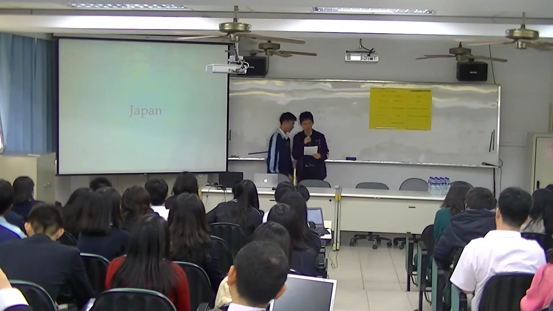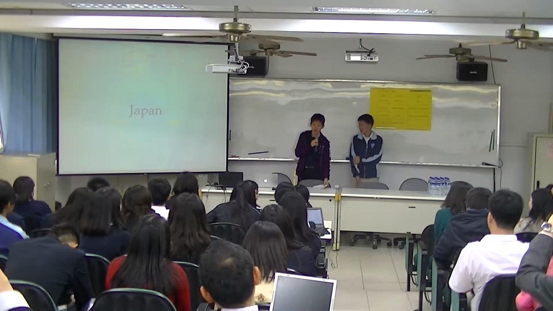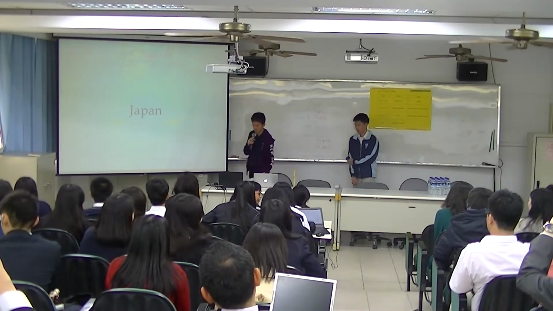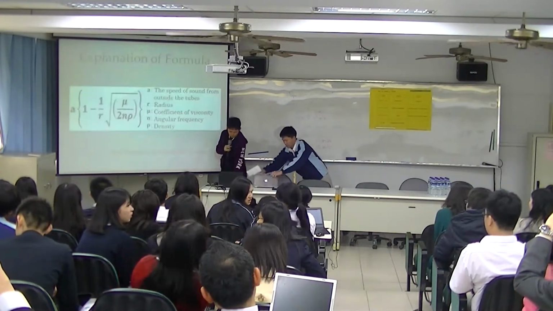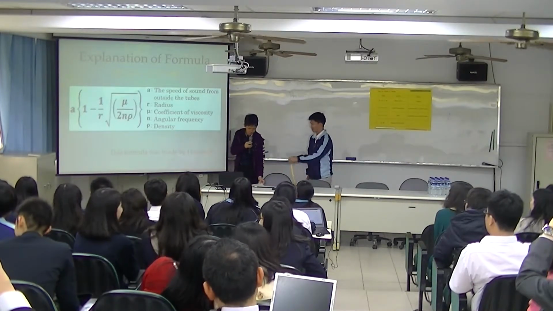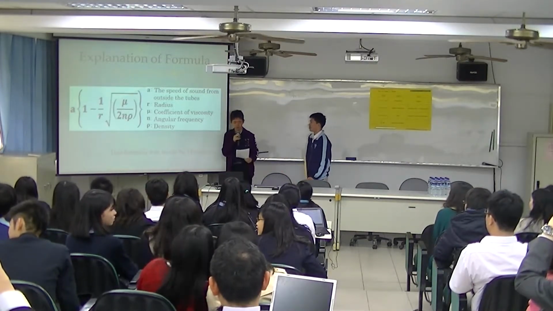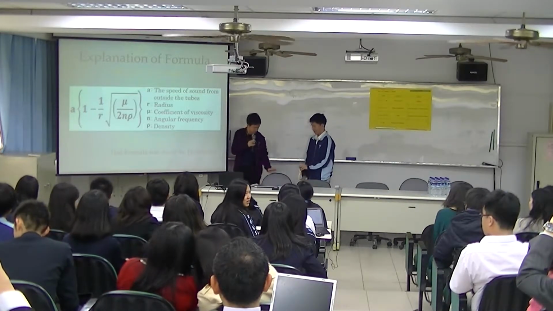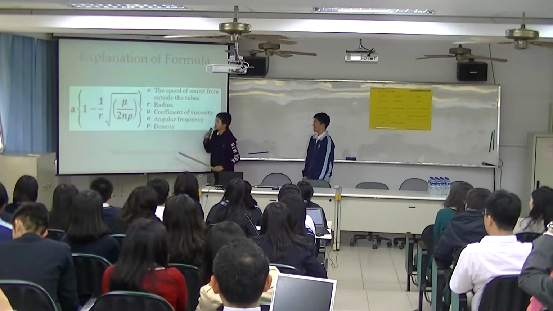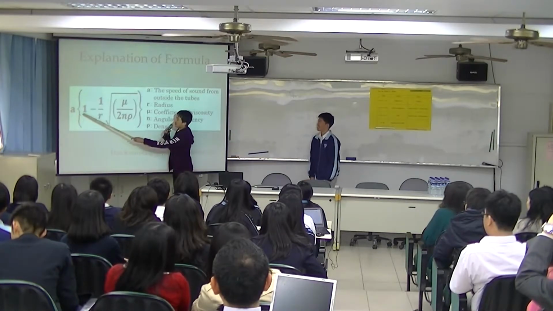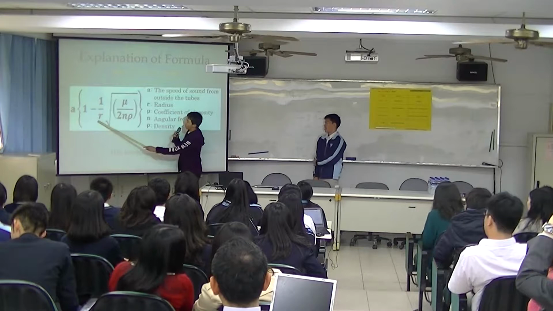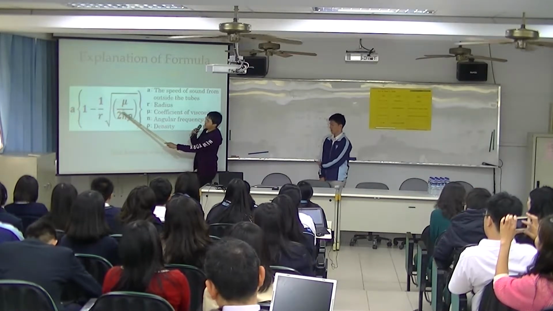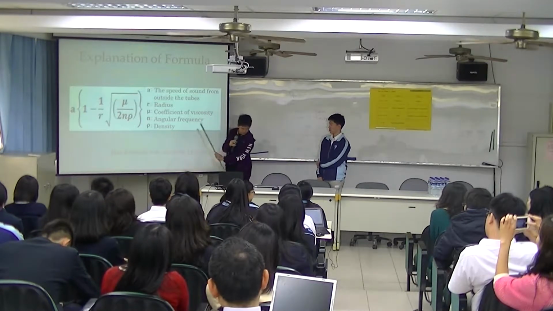So our group measured sonic velocity through two processes, and I'd like to talk about one of them. Our experiment is based on this formula. This formula shows the relation between the sonic speed and several factors. The formula is A times (1 minus 1 over R times the square root of mu over 2 n rho).